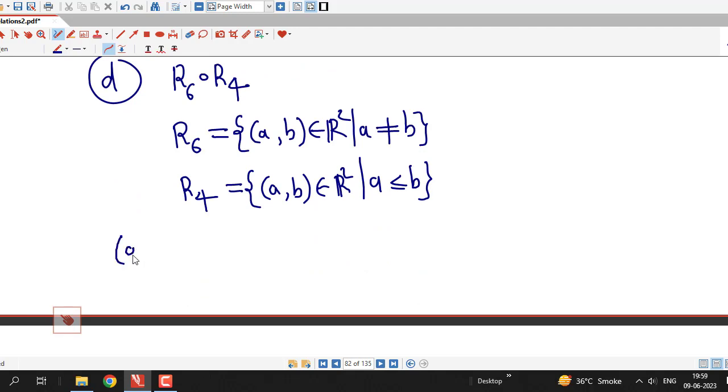Again we consider an arbitrary element in R6 composite R4.